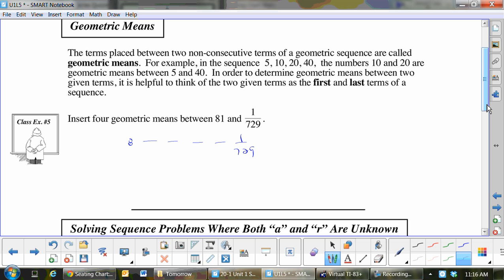So whenever you're looking for geometric means, you need r, right? Okay, so I'm going to show you how to do that. We're going to use this formula. Tn equals ar to the n minus 1.